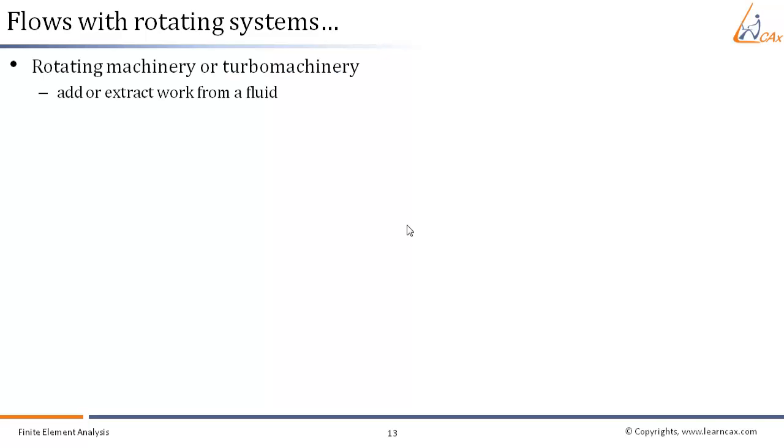These are all machines that we have seen till now, and their working principle, what sort of physics they handle in order to add or extract work. But there is also flow of working fluid in this. So it is not just components or parts which are rotating. There is also fluid which is rotating along with the parts. So rotating machinery or turbo machinery are those machines which add or extract work from a fluid. So the primary component is the fluid, that is the working fluid.